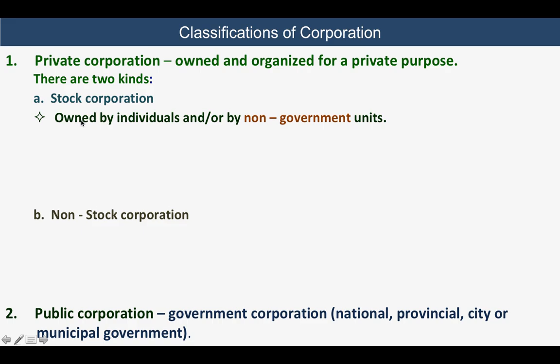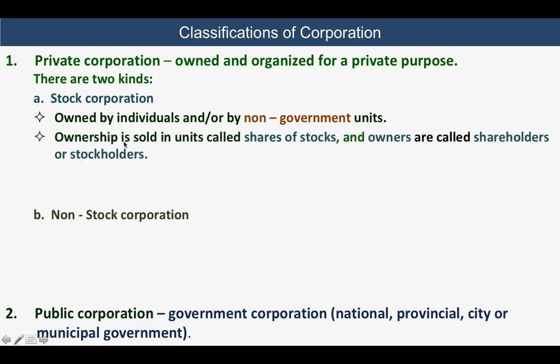A stock corporation is owned by individuals and or by non-government units. Take note, non-government. Ownership is sold in units called shares of stocks, and owners are called shareholders or stockholders.